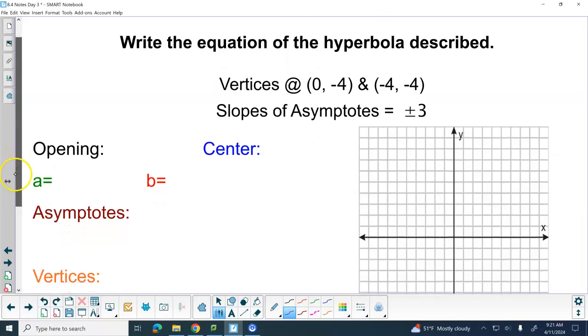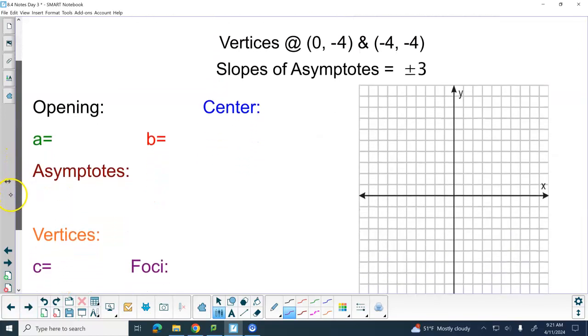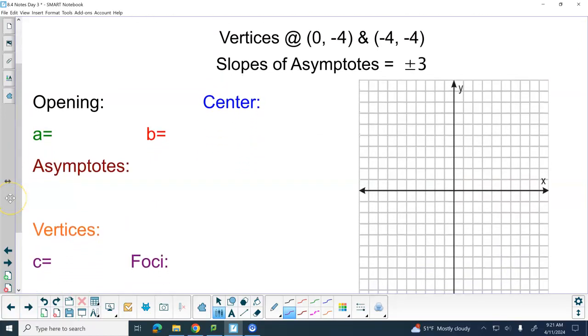So if I had vertices of my hyperbola at negative 4, 2 and 4, so that would be a vertex right there, and negative 4, negative 4, 2 and 4, and then down here there would be my other vertex.